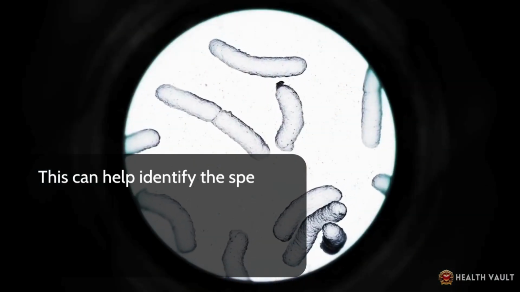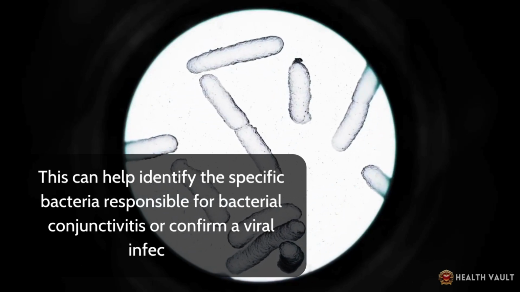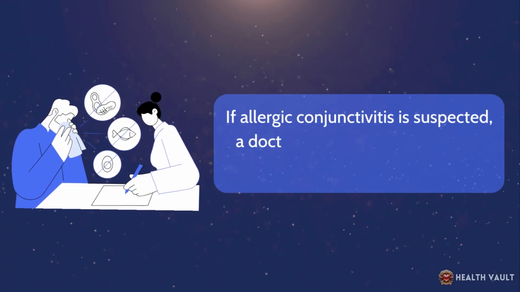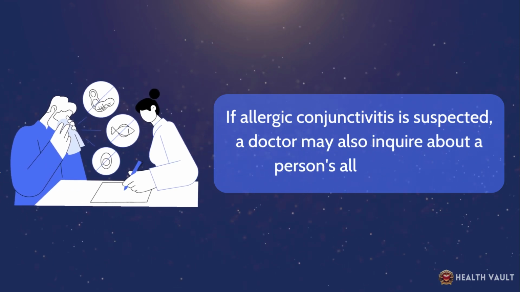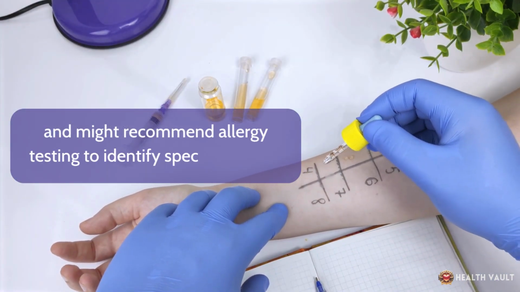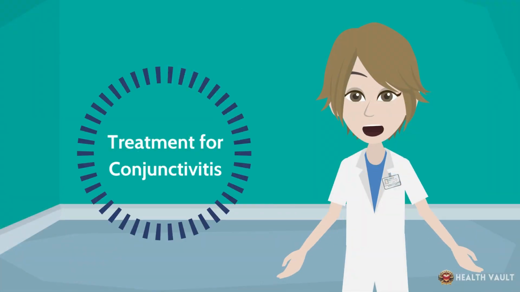This can help identify the specific bacteria responsible for bacterial conjunctivitis or confirm a viral infection. If allergic conjunctivitis is suspected, a doctor may also inquire about a person's allergy history and might recommend allergy testing to identify specific triggers.